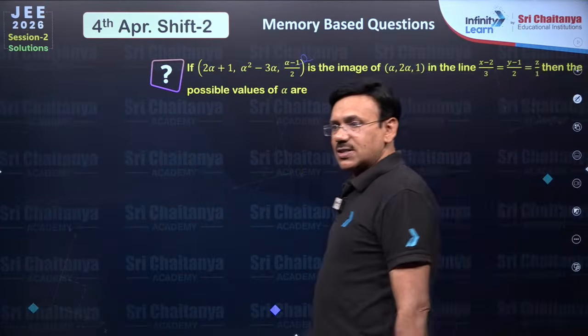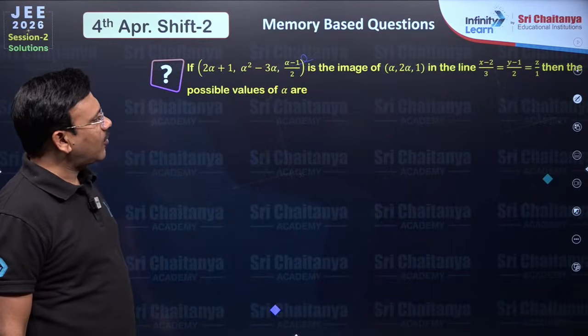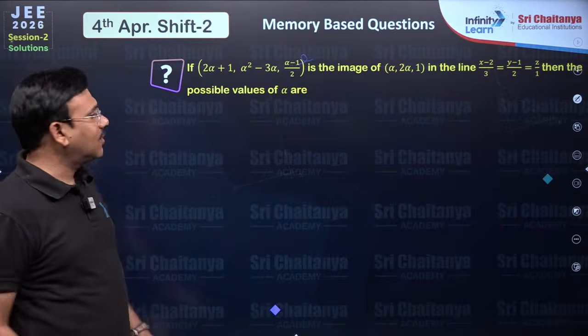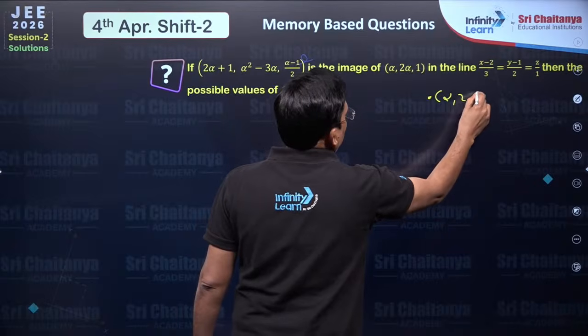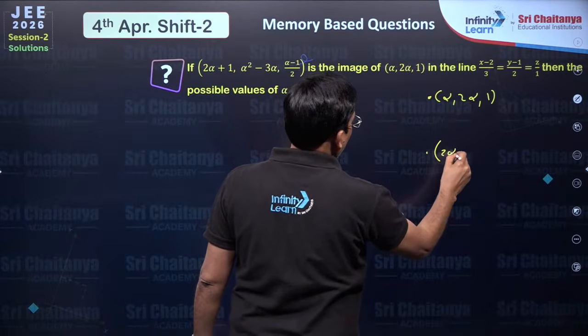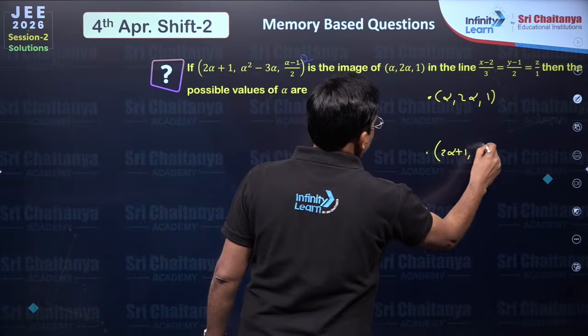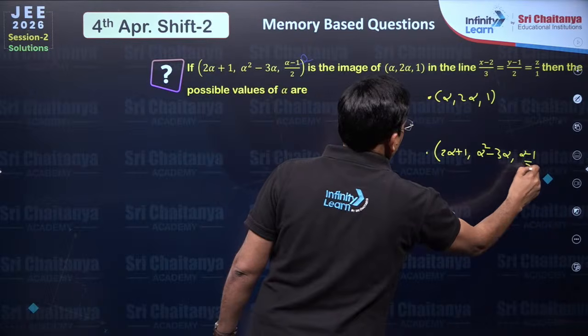Next question, dear students. Yes, so this is the image of this point in the line. What does it mean? So this point is alpha, 2 alpha, 1, whereas this point is 2 alpha plus 1, alpha square minus 3 alpha, and alpha minus 1 by 2.